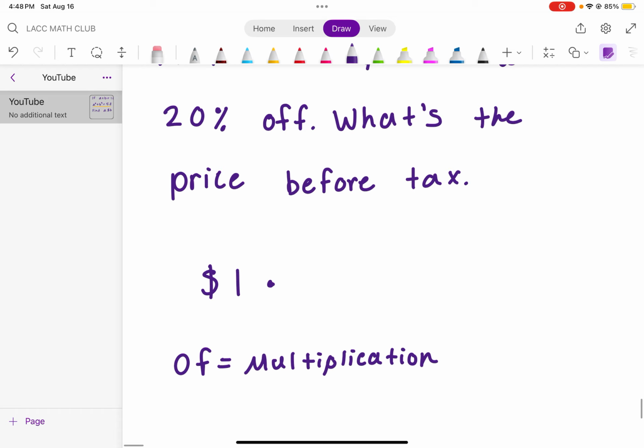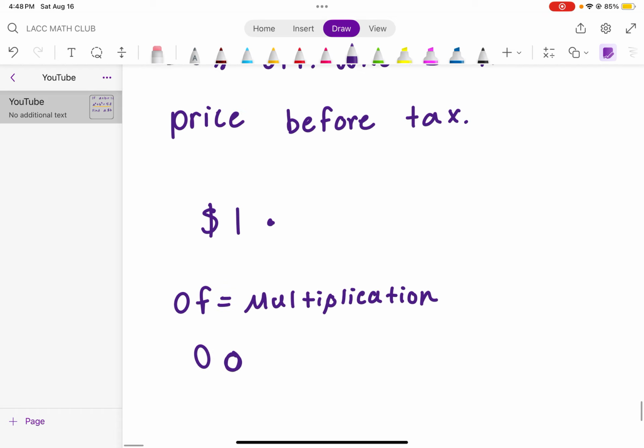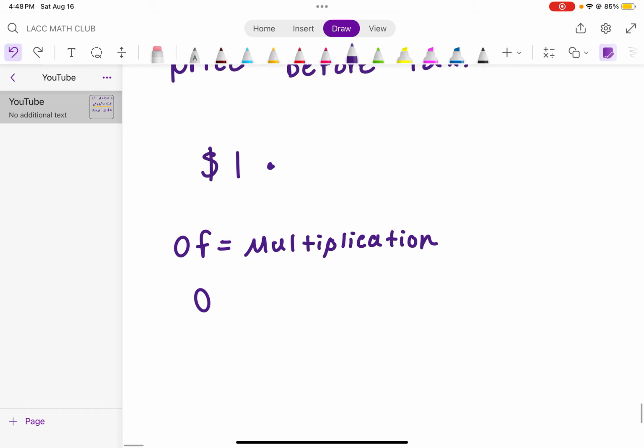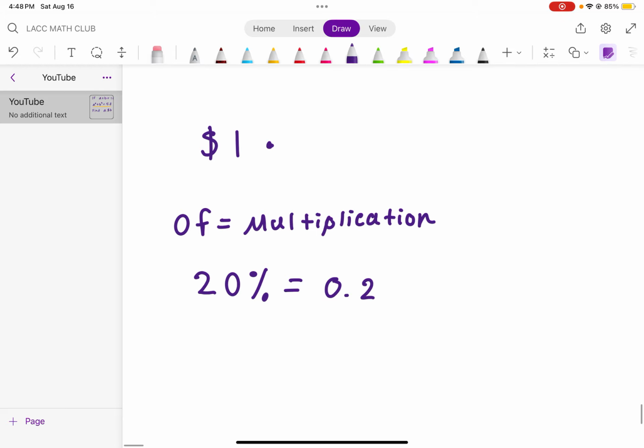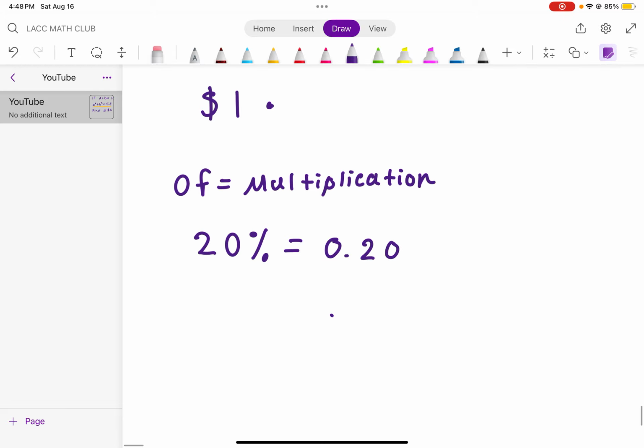So 20% can be rewritten as 0.20, just like 5% would then equal 0.05 as the decimal.